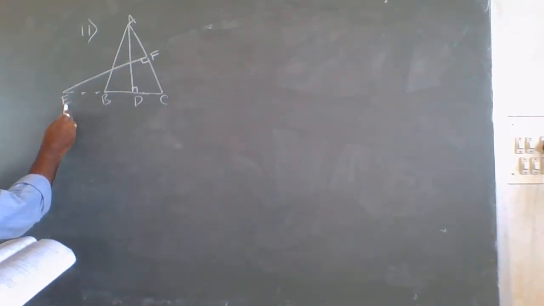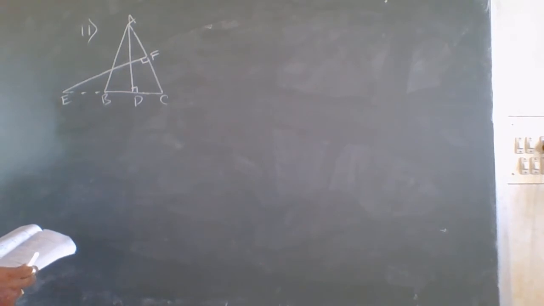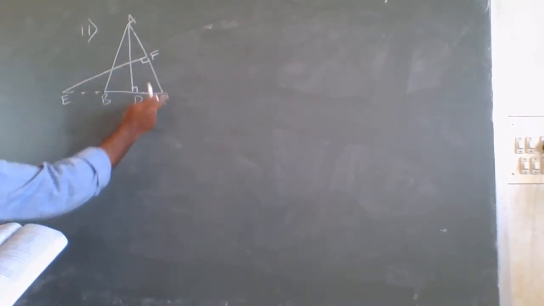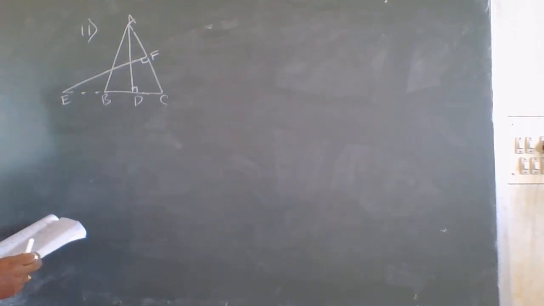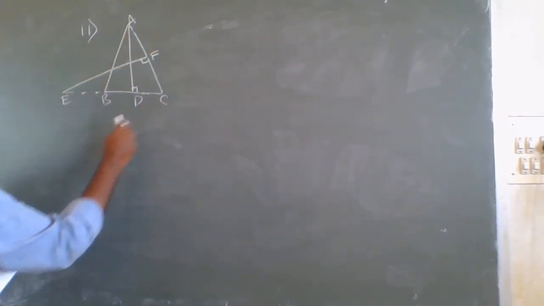This point E is on side CB produced of an isosceles triangle ABC. ABC is an isosceles triangle with AB equal to AC.